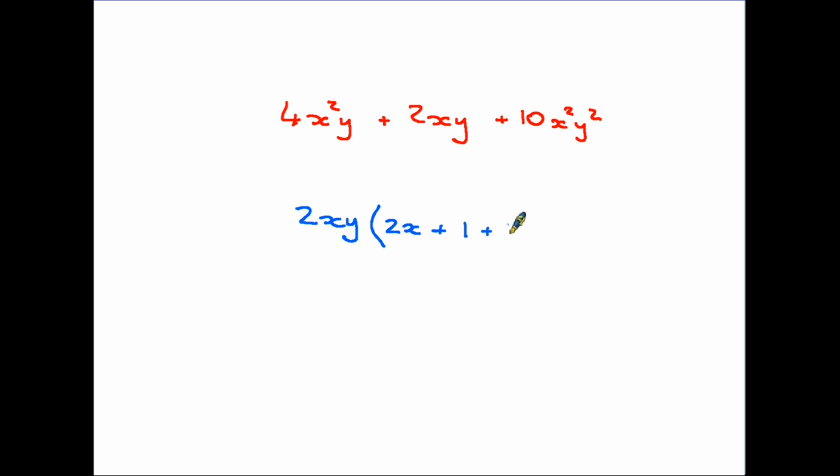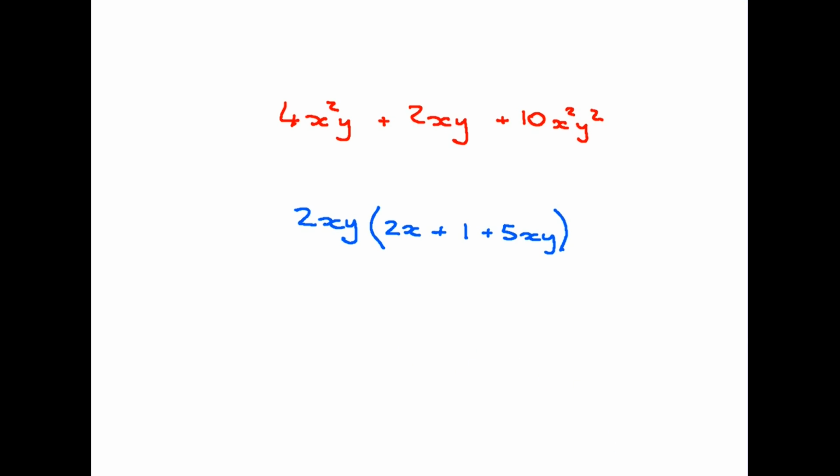Well, I multiply it by a 5. We have an X squared. We've taken out an X. I therefore need to make it back into an X squared. I need another X. We had a Y squared. We've taken out a Y. How do I get back to Y squared? I multiply it by another Y. And that is the end of the third term.